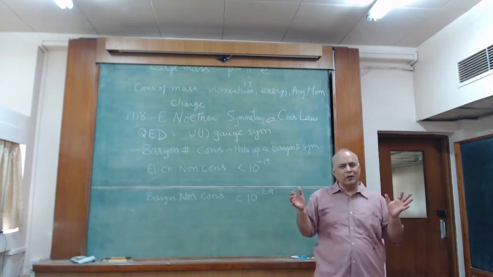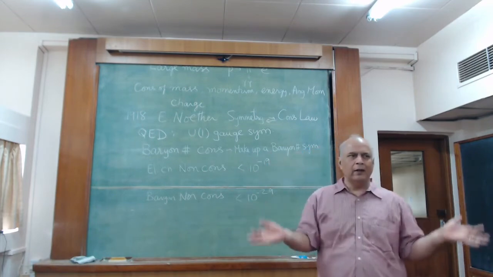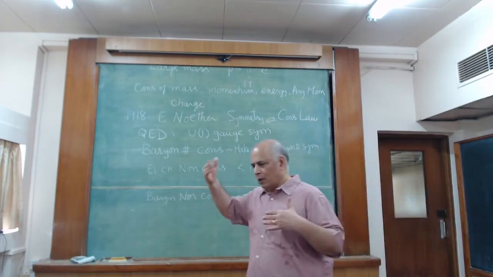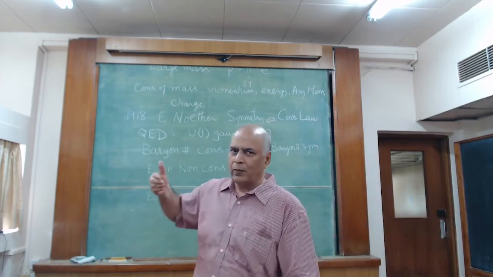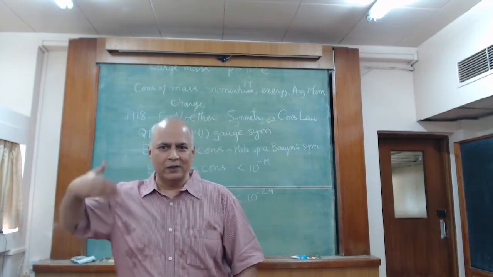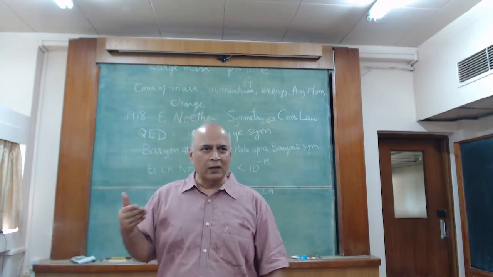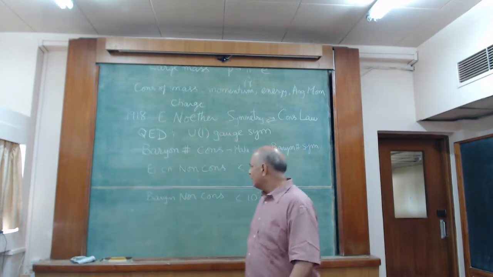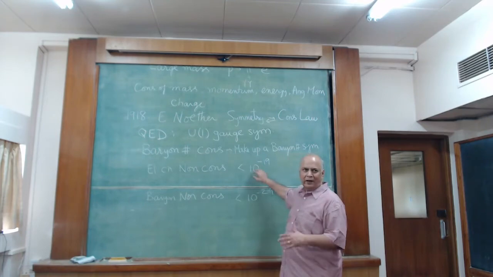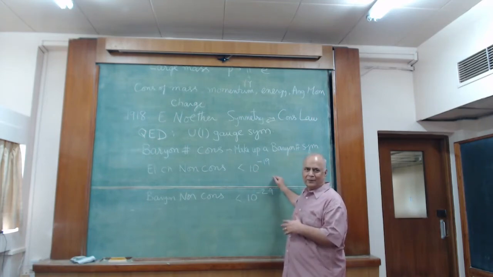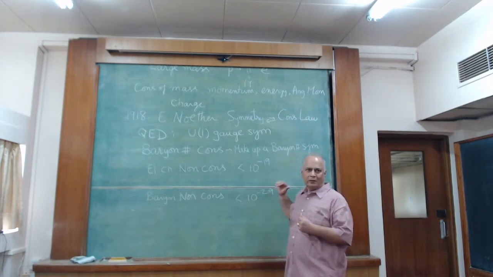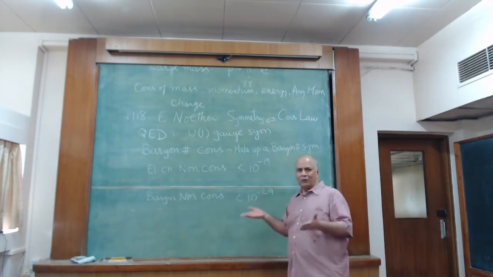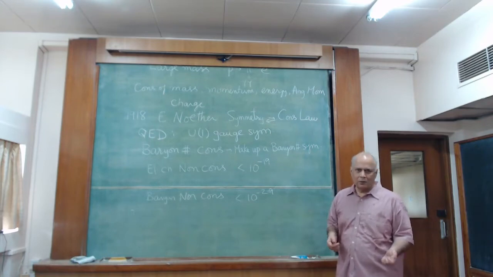What people usually do is they try to push measuring electric dipole moments and magnetic dipole moments of particles to higher and higher values, and as a byproduct they derive this limit and try to improve on it. But this is what we are going to discuss next.